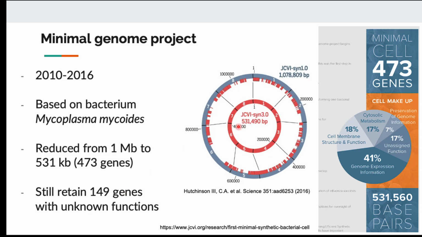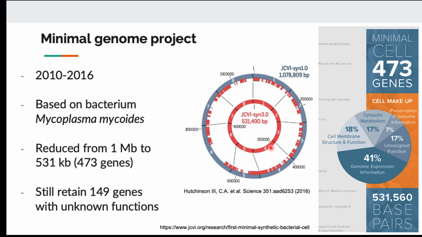They don't know why they have to be inside this organism, but they cannot remove them. They need them to maintain this cell. So this is an attempt to engineer a chassis where you can perform synthetic biology experiments with minimal interference from unknown genes.